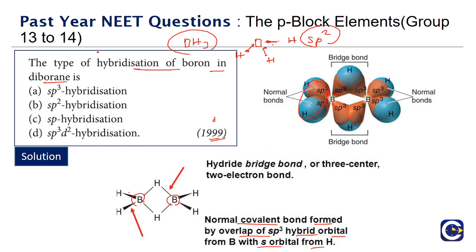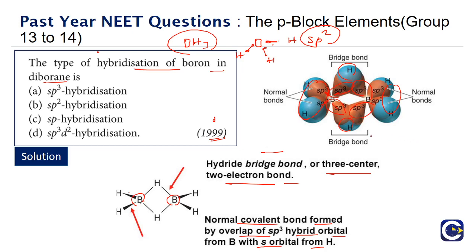Two are used for the normal bonds on each side, and the third and fourth sp3 orbitals overlap with the s orbital of the hydrogen to form what we call a 3-centered 2 electron bond, the bridge bond, which we can also call the banana bond. So this is the arrangement of diborane.